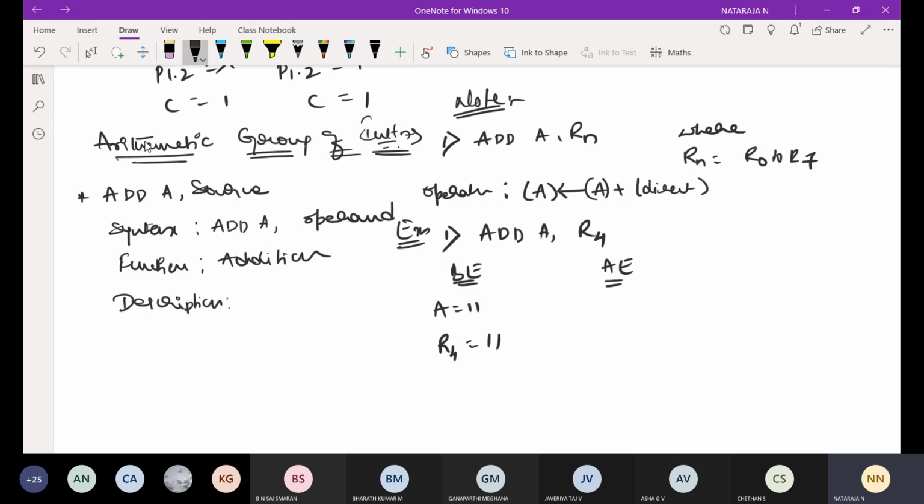After execution, A is stored with 22 and R4 has the same value. Try a second example: ADD A, R7. Take some different values and add, before execution and after execution. You can write.